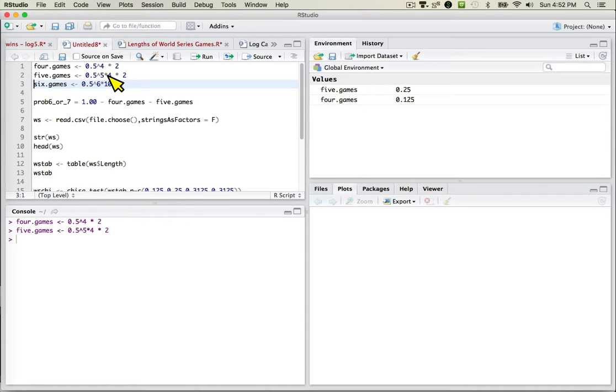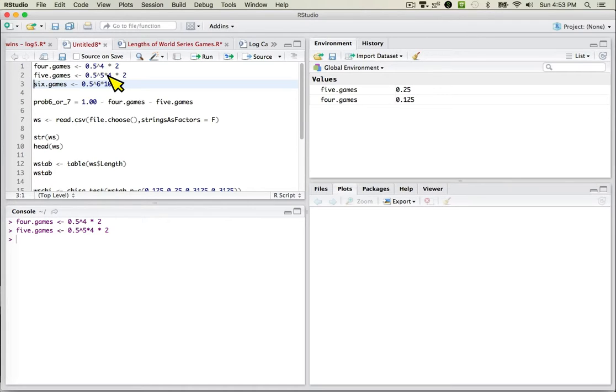Then we go to the 6 games. And here we again are going to need to modify our equation by the number of different possibilities. So it turns out that there are 15 ways to order 4 wins and 2 losses. But some of those are going to entail the loss coming at the end, in which case you would have swept a series or have won the series in 5 games. So there are only 10 possibilities where the wins and losses actually would allow the series to have gone for 6 games.